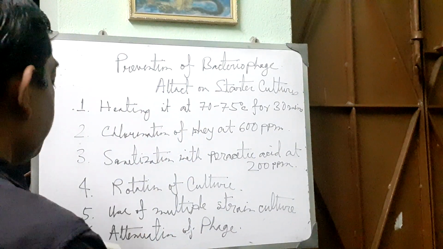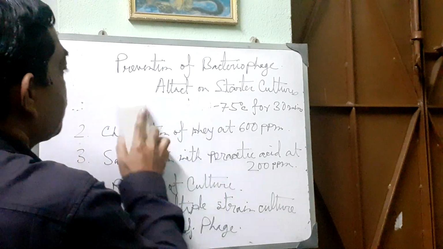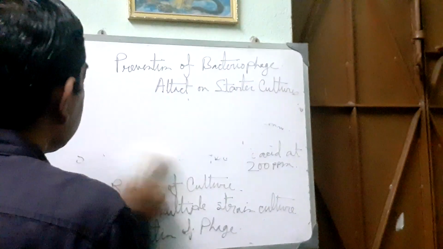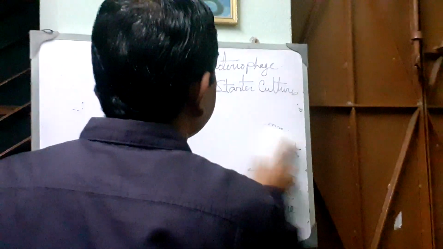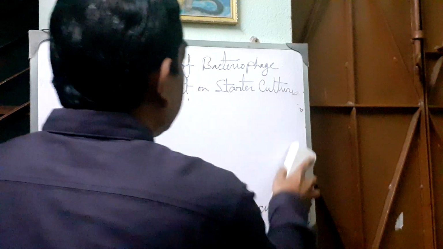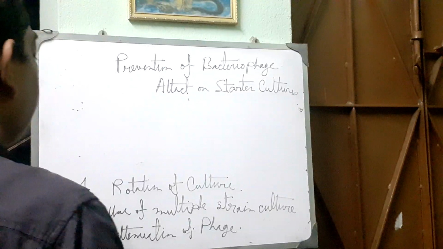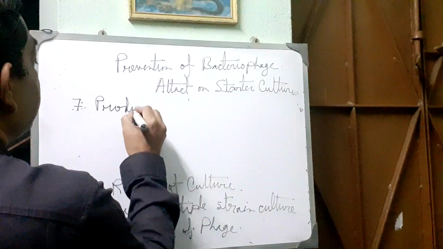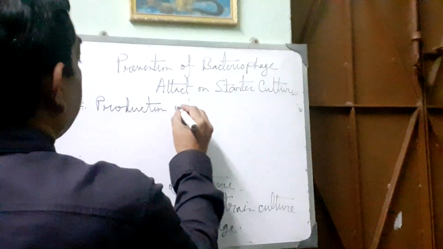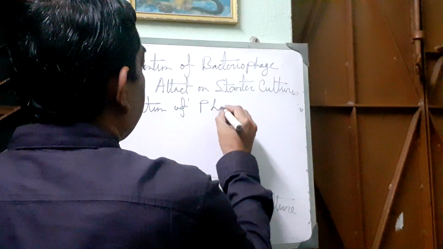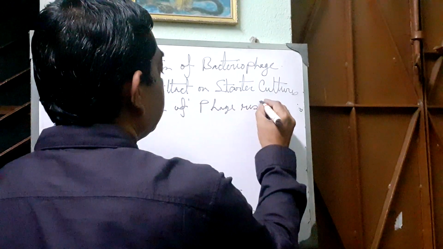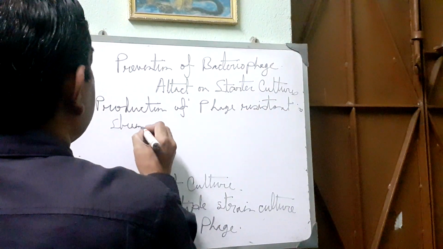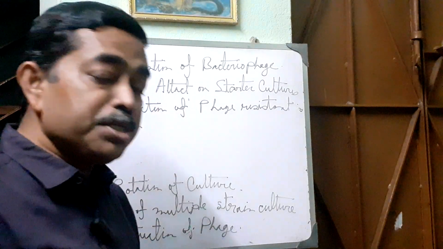And the seventh one is the production of phage resistant strain of starter culture. How can we achieve it?